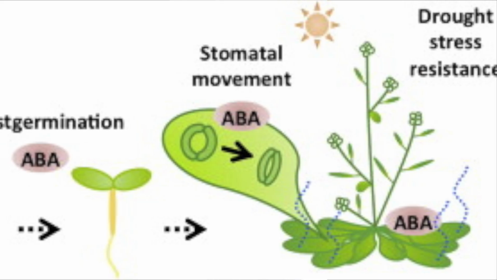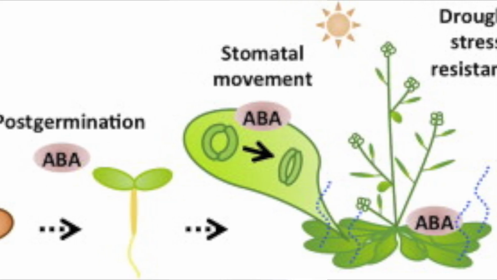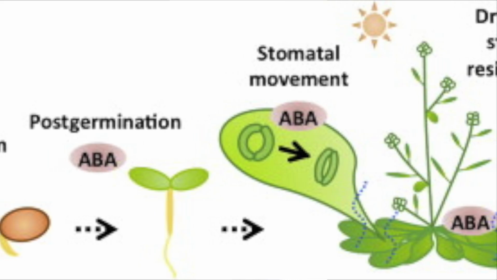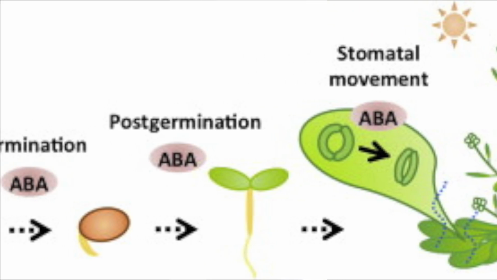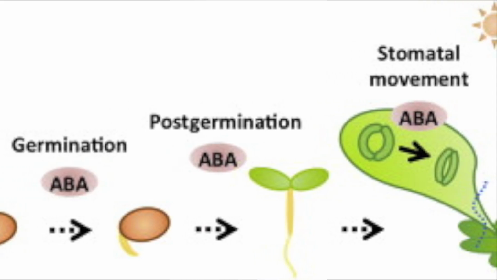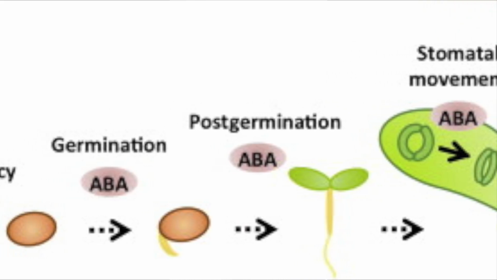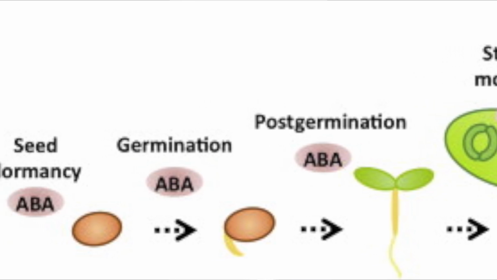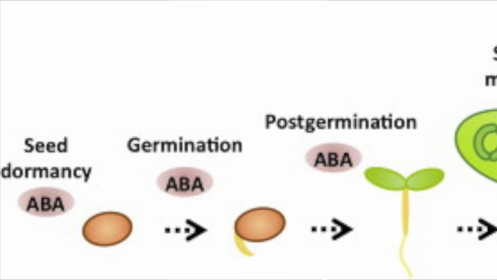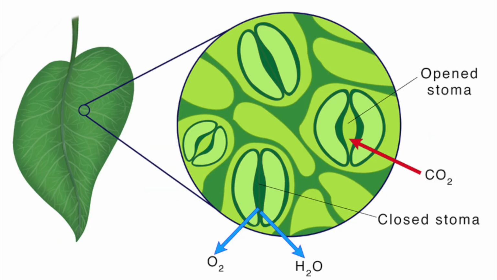Now, let's connect this to how the plant responds to its environment, specifically through a hormone called ABA, short for abscisic acid. Think of ABA as the plant's emergency alarm, when it's hot, dry, or stressful. ABA is released to tell the stomata, those tiny pores on leaves that open and close, to shut down and conserve water.